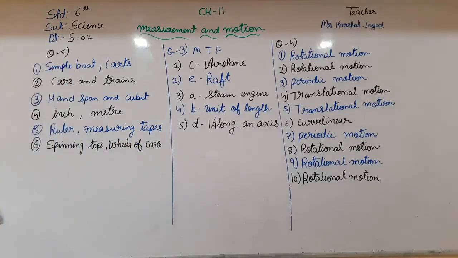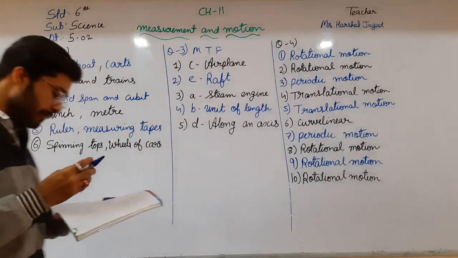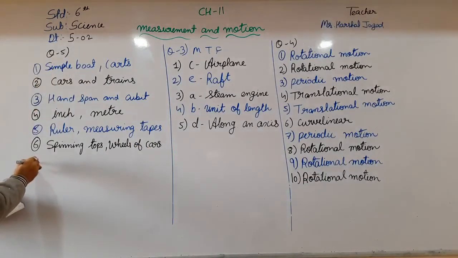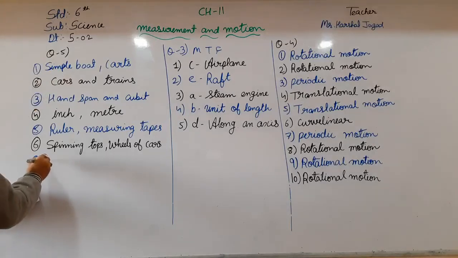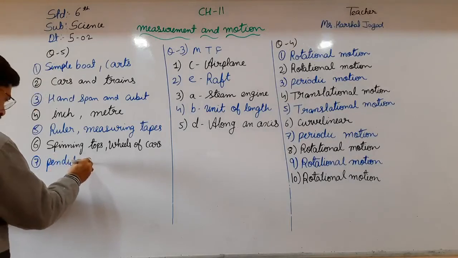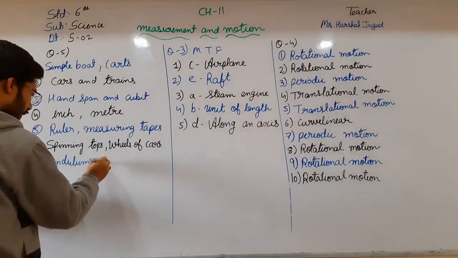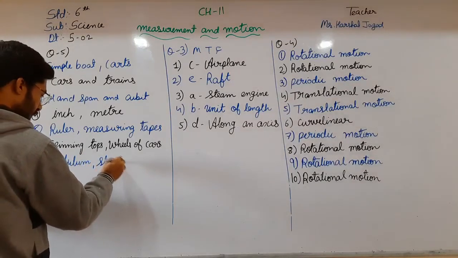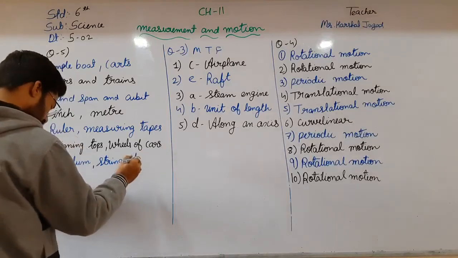Seventh one, objects in periodic motion, that is pendulum and string of a Veena.